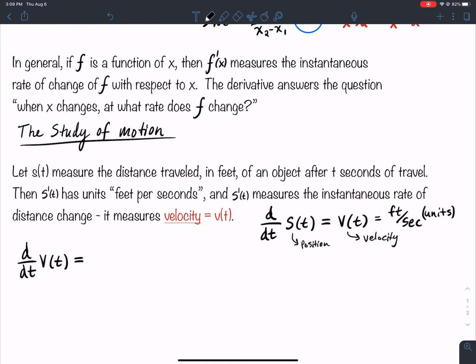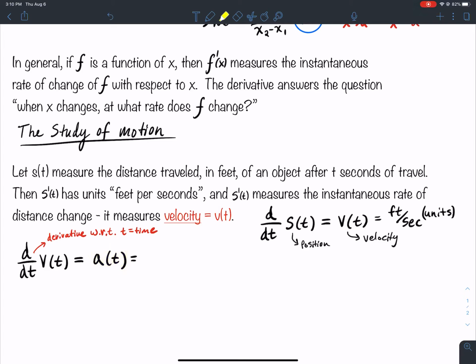Now, let's go a step further. Just like we took the derivative of the position to get the velocity, what happens if we take the derivative of the velocity function? The derivative with respect to time t is equal to a of t.